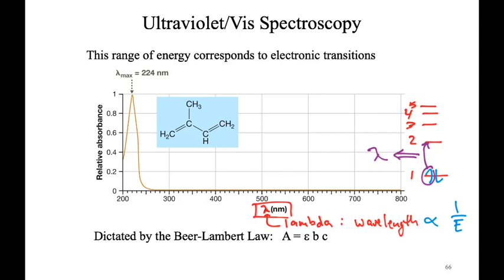That gap right now is large or small in comparison to this one. Larger. Which one's larger? 1 to 2. 1 to 2 is a larger energy or a smaller energy? It's a smaller energy, which means its wavelength is larger because of that inverse relationship.